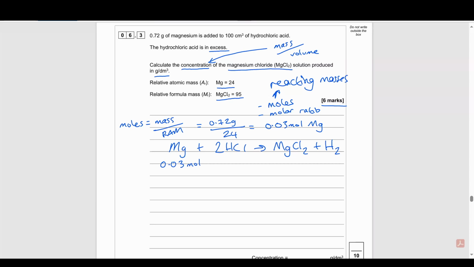So that means that the proportion would be 1 to 1. So if we've got 1 mole of magnesium, we'll have 1 mole of magnesium chloride. But we know actually we've got 0.03 moles of magnesium, so that means that we've got 0.03 moles of magnesium chloride.